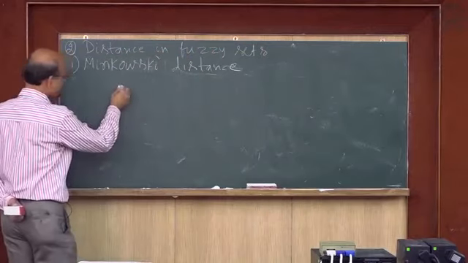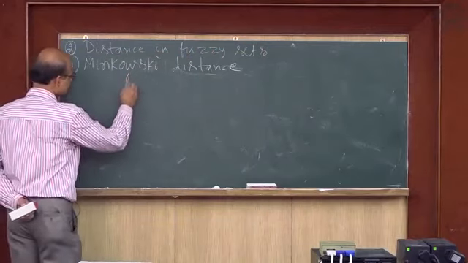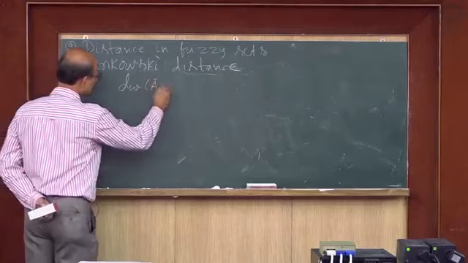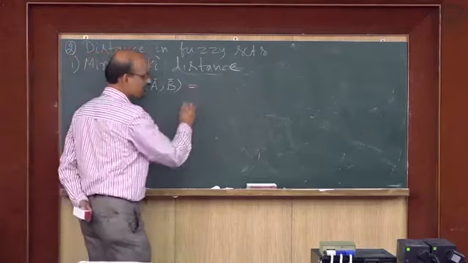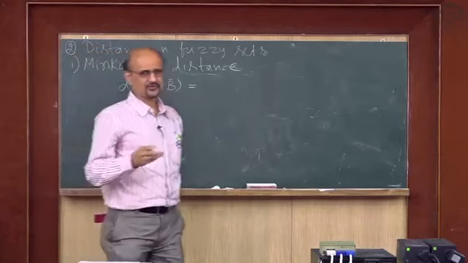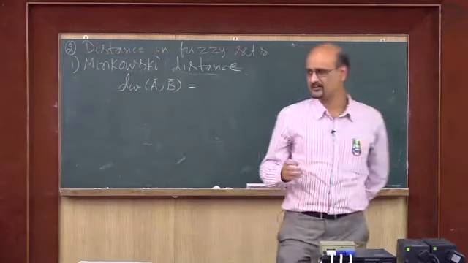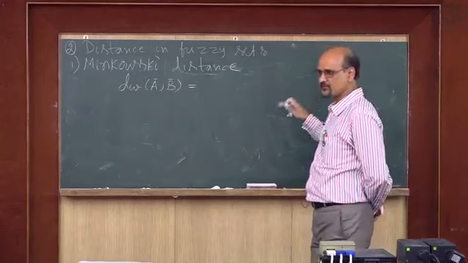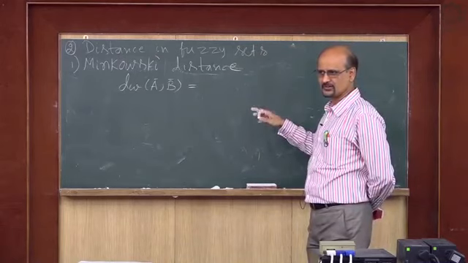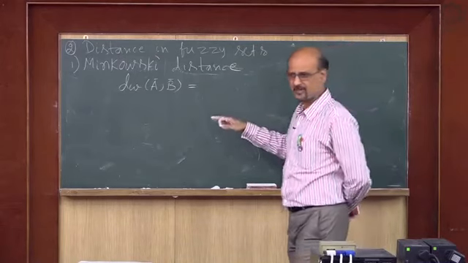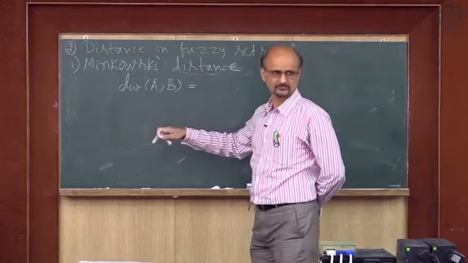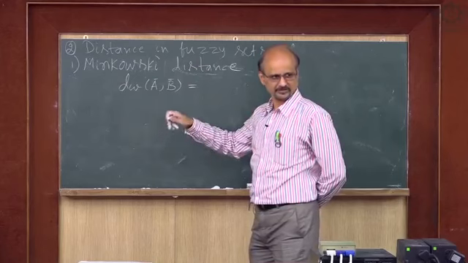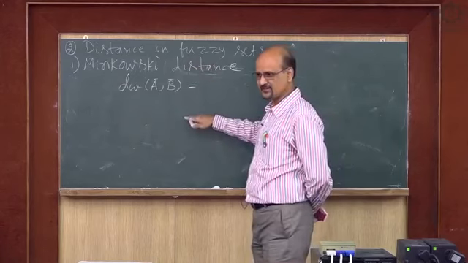So, here we define this as d_w a bar b bar is equal to, it is more or less we can have similar type of Euclidean with little bit change. Actually, this is the generalization of Hamming and Euclidean, if you remember in crisp also, Hamming and Euclidean.